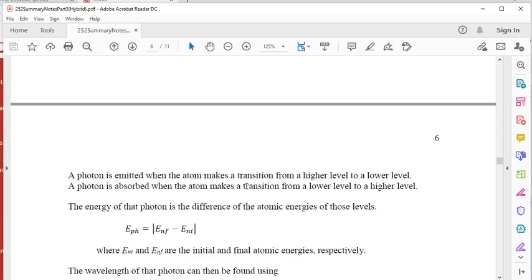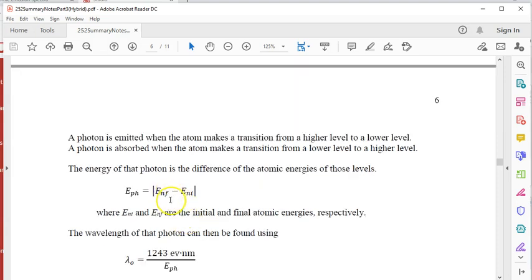Now, the difference in the energy levels is going to equal the photon energy, whether it's emitted or absorbed. So if you want to figure out the energy of the photon that is emitted or absorbed, just take the difference of the two atomic energies that are key in that transition. And what I suggest is you just subtract the two atomic energies and take the absolute value.